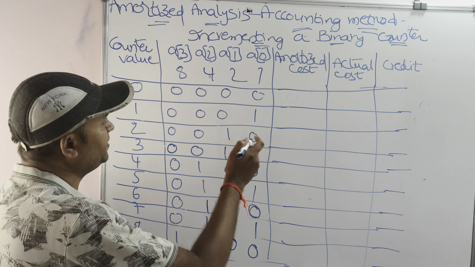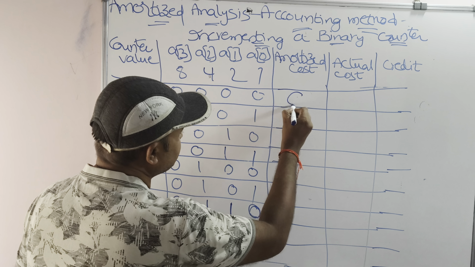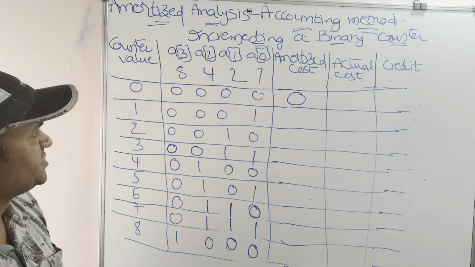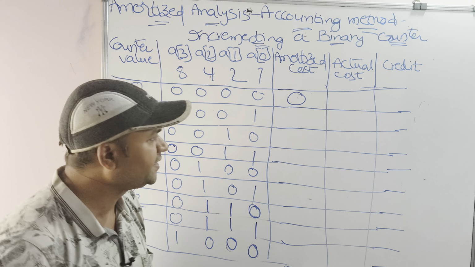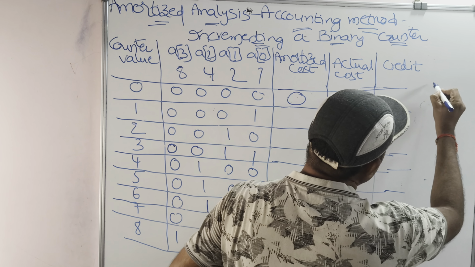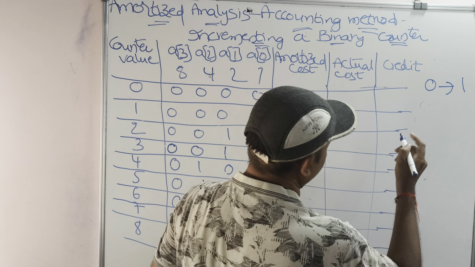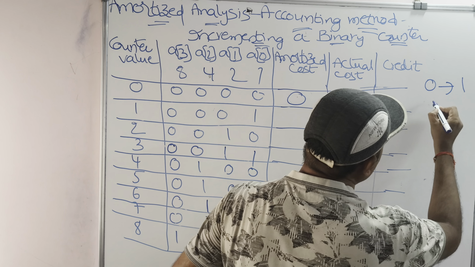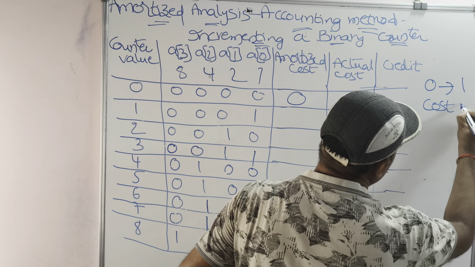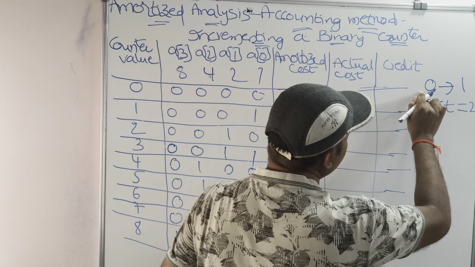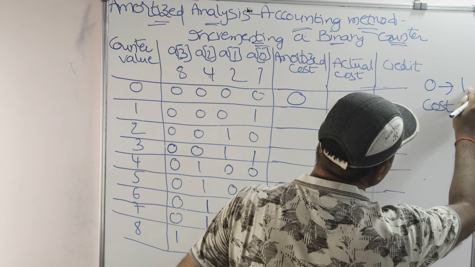So for the first number, the amortized cost is 0 only. Next, for the second number, if the bit is changing from 0 to 1, then the amortized cost is 2. So we are assigning 2. 0 means reset, 1 means set.